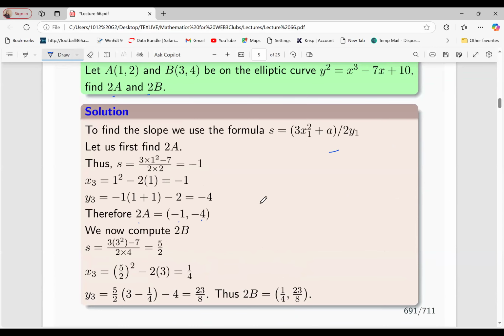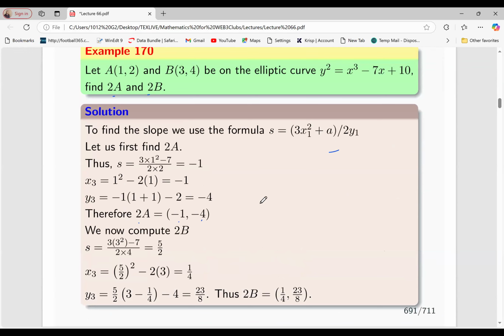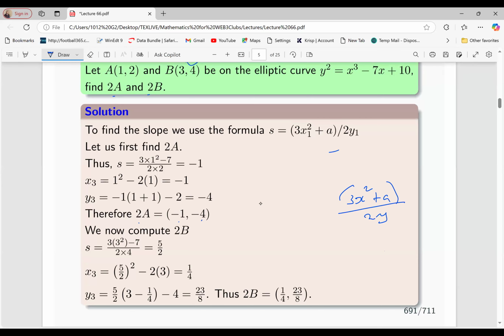Let's add B to itself. Again, the gradient will be given by 3x squared plus A, divided by 2y. We're looking at point B, so x is 3.